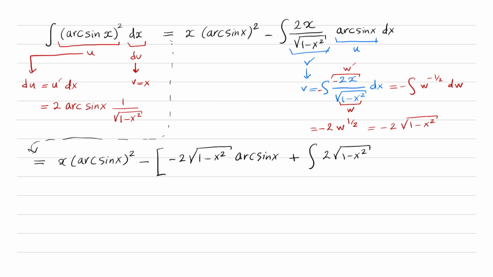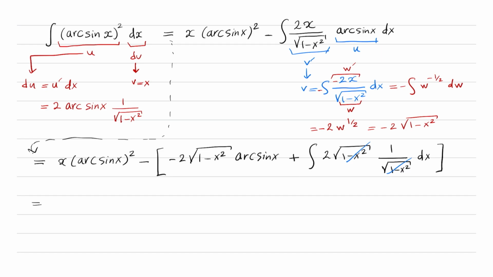What is du? The derivative of our arcsine is 1 over square root of 1 minus x squared dx. And you can see that these two cancel, and we just get the integral of 2, which is 2x.